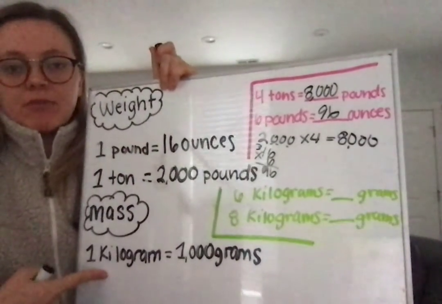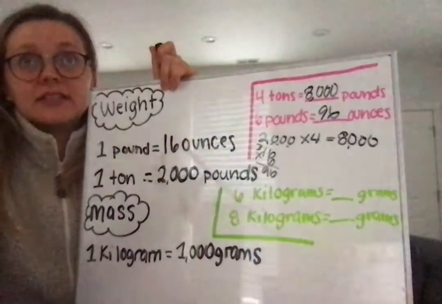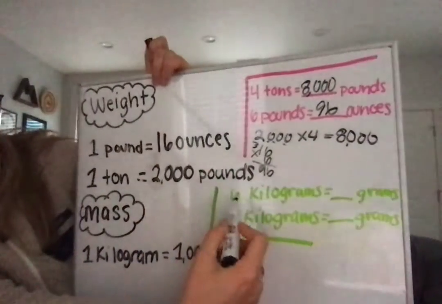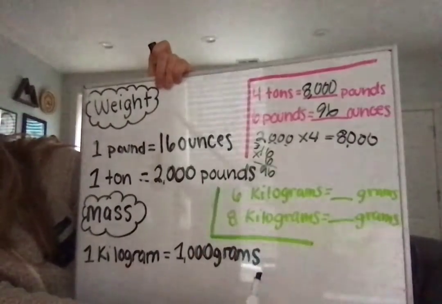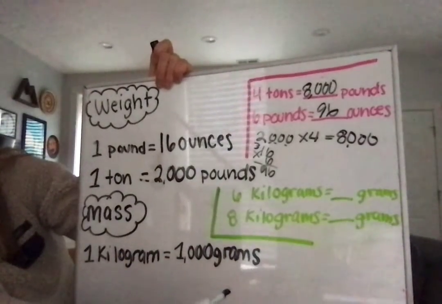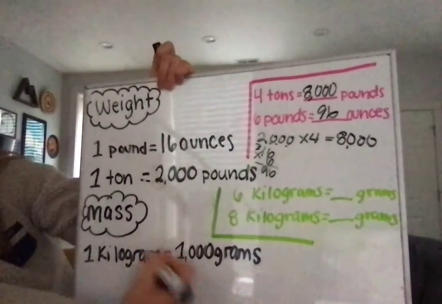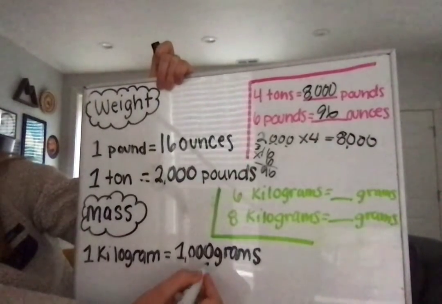Let's do the same thing with mass. And remember, mass is pretty easy because we just add on the zeros to the end. So 6 kilograms is going to be how many grams? If 1 kilogram is 1,000 grams, how many zeros did I add on to go from kilogram to gram? 1, 2, 3.